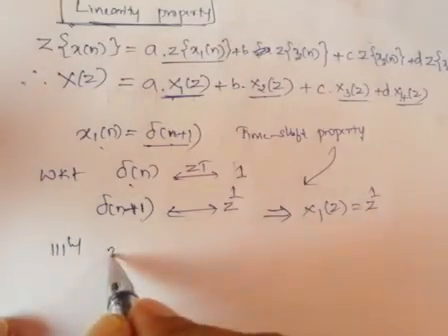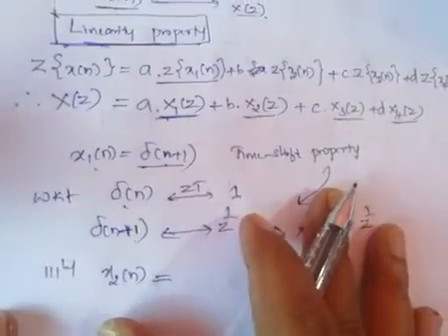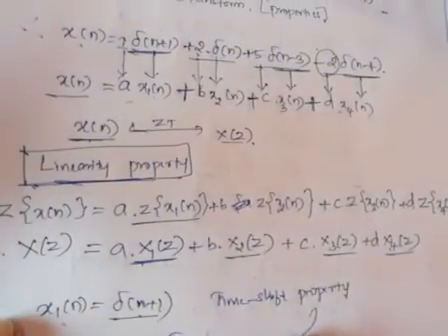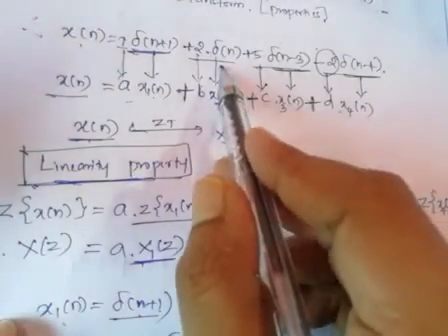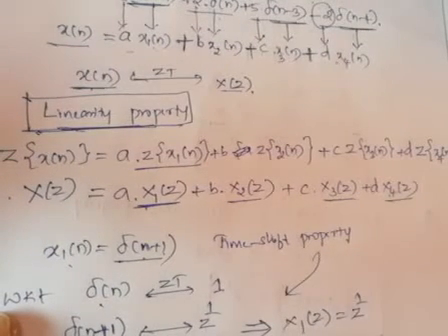Similarly, the second sequence, x2 of n equal to delta of n, and the ZT pair is 1.